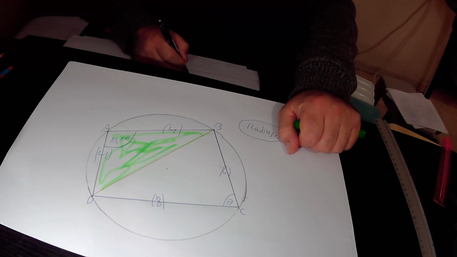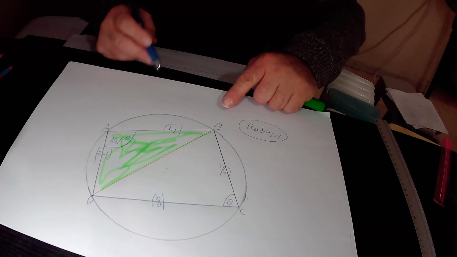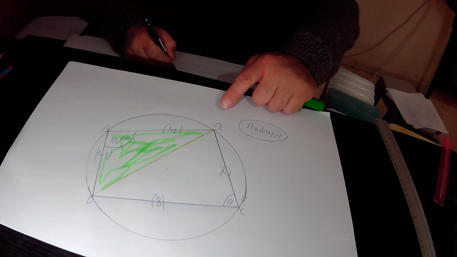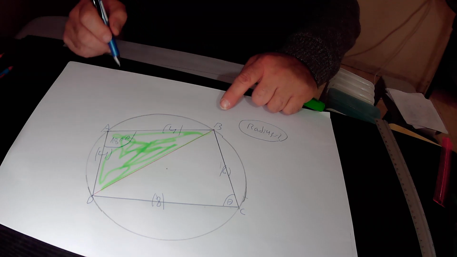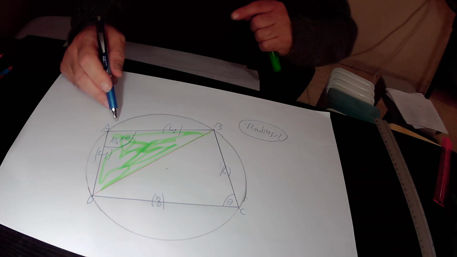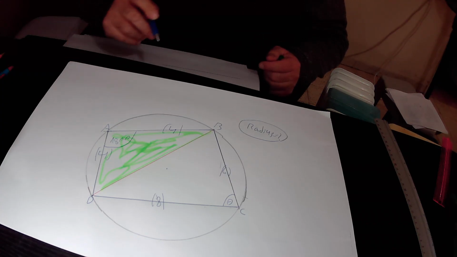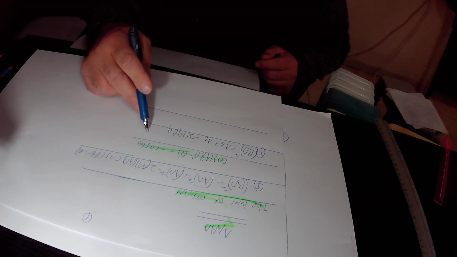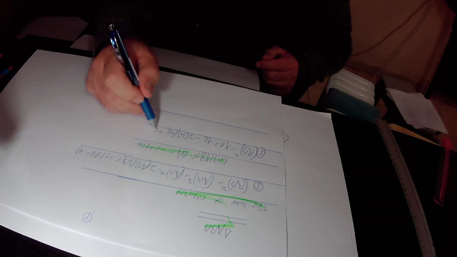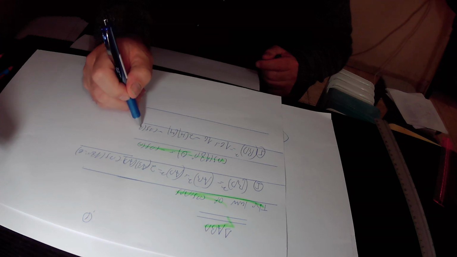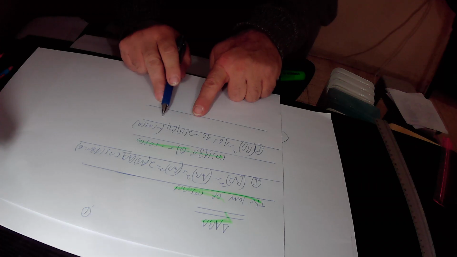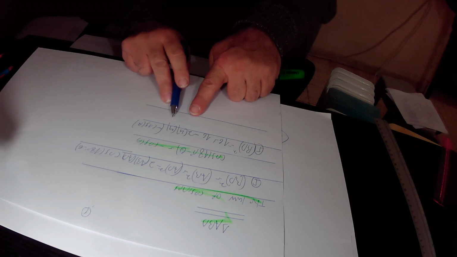Minus 2 times AB, which is 4, times AD, which is also 4, times cosine 180 degrees minus theta, that is actually minus cosine theta. Here we have minus times minus is plus, so this expression in total is positive.